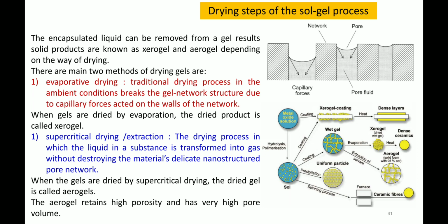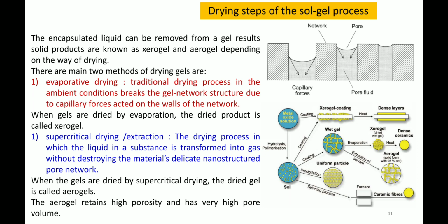Okay, so you can see on the right-hand side below the colorful image that initially a metal oxide solution is there, then hydrolysis and polycondensation take place and there is a formation of sol. Now that sol you can utilize in different ways. One way is to coat it on a substrate.